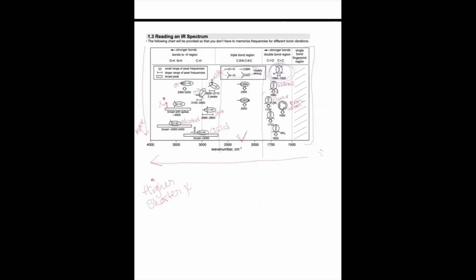Minor resonance contributors for conjugated aldehydes and ketones give the carbon double bond oxygen single bond character, which we just talked about. The more important the minor resonance contributors, the more single bond character it has, the weaker the carbon double bond oxygen, the lower the vibrational frequency. So the vibrational frequency around 1680 is sufficiently different from non-conjugated, which is 1710, to be reliable enough to distinguish this case.